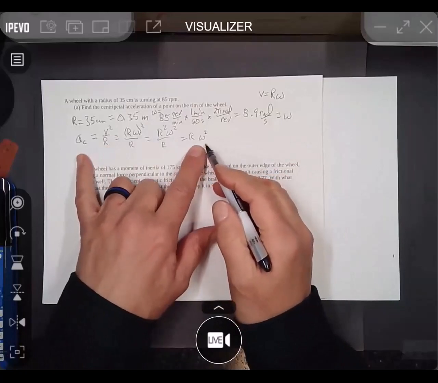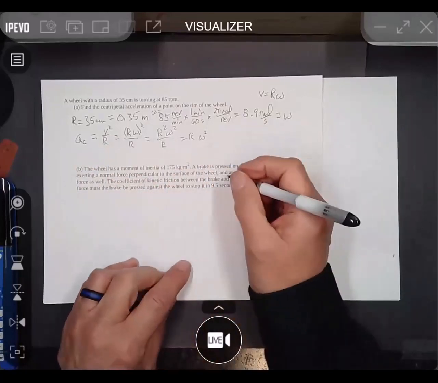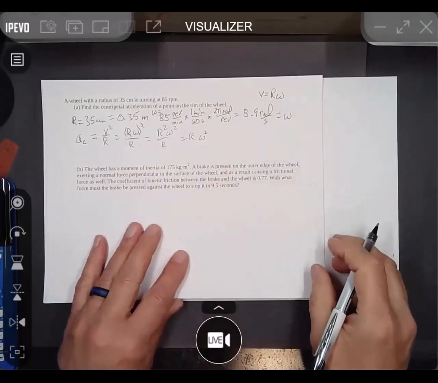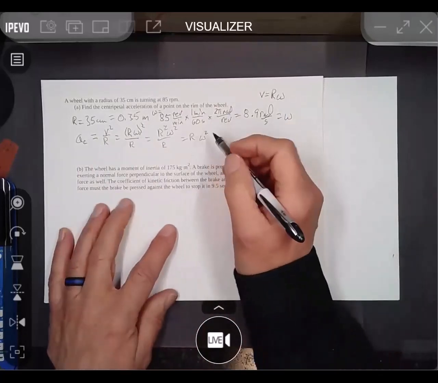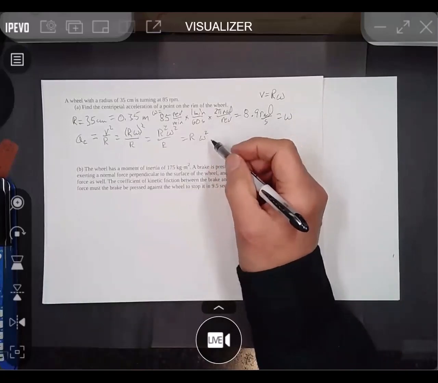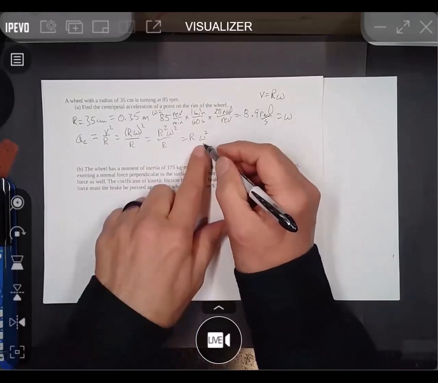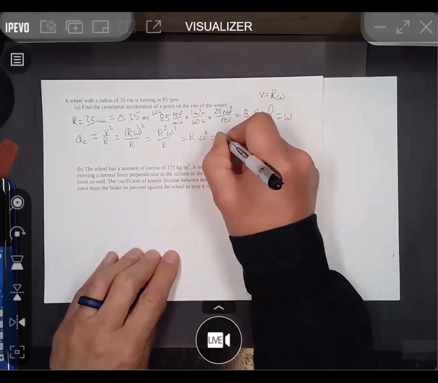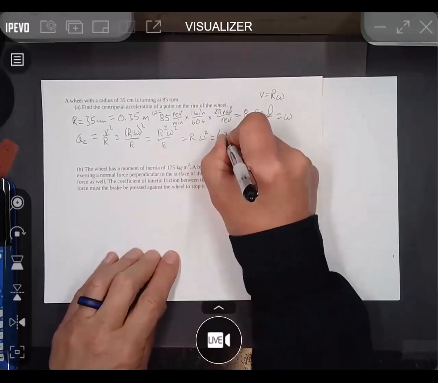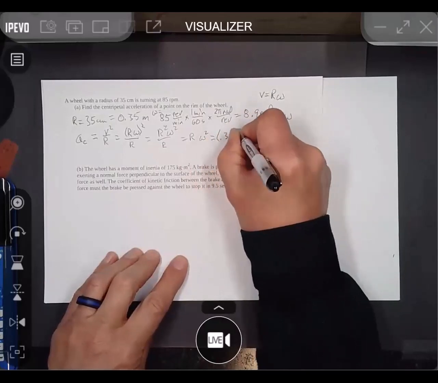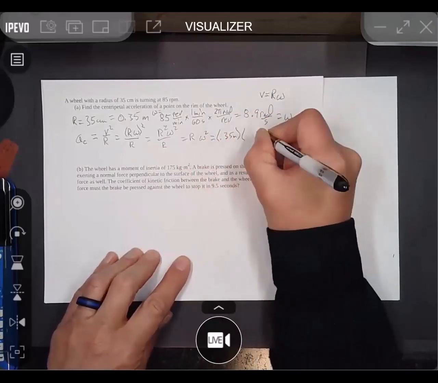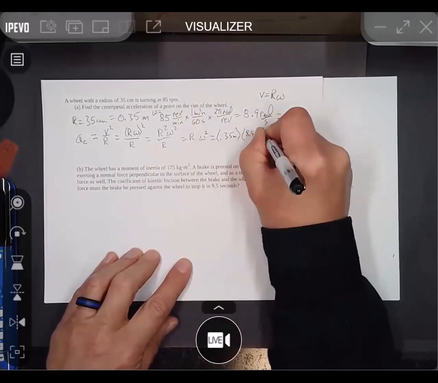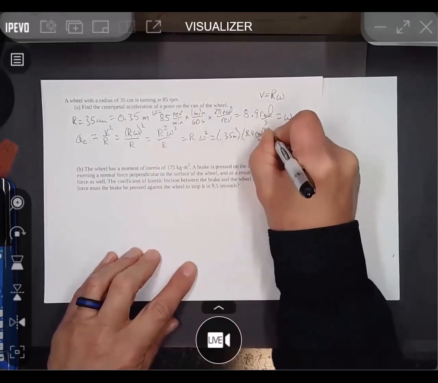Centripetal acceleration is R omega squared, which I haven't looked to see if they had that in the way back when we first studied centripetal motion. I think it's too early to introduce this term, but they may have. Anyway, so I can take the 0.35 meters and multiply it by 8.9 radians per second, squared.